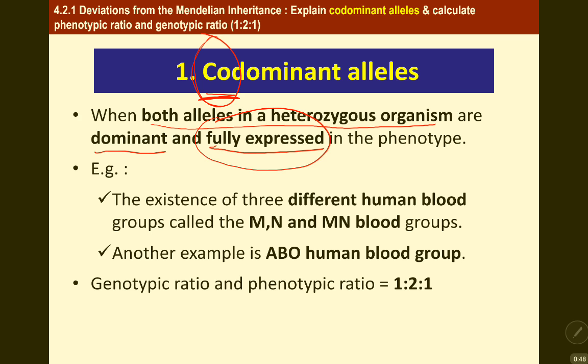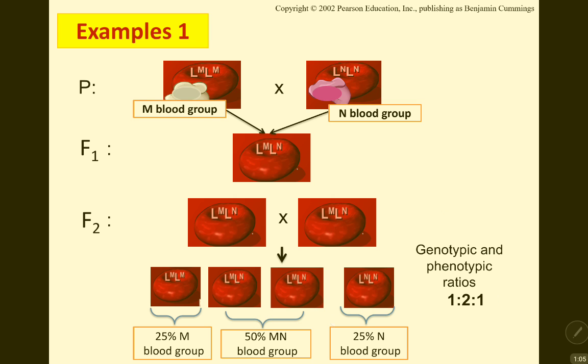So an example here is the existence of 3 different human blood groups called the MN blood group. Another example is the human ABO blood group system. So the genotype and phenotype ratio is 1 to 2 to 1 instead of 3 to 1. For example, a human with M blood group crossed with a human with N blood group.